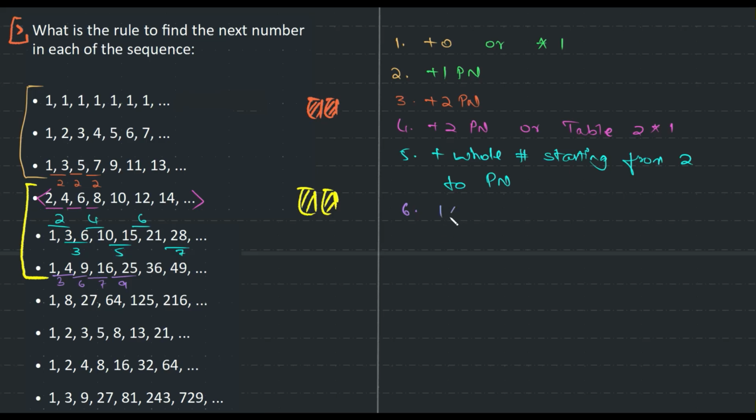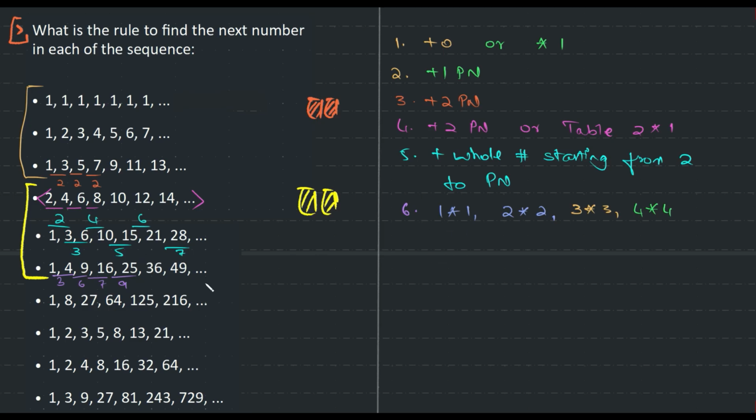It has to do with 1 into 1. The first number is 1 into 1. The second number is 2 into 2. The third number is 3 into 3. The fourth number is 4 into 4, which is 16. Then it is 5 into 5. Then this is 6 into 6.